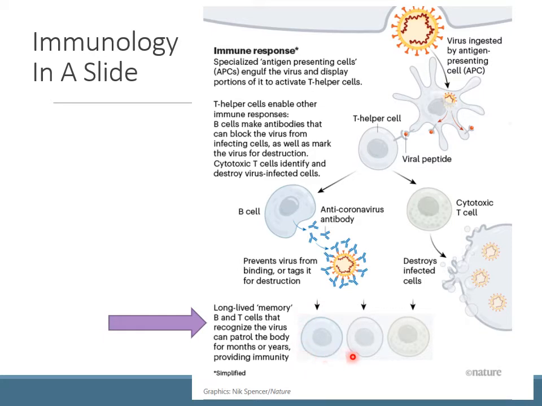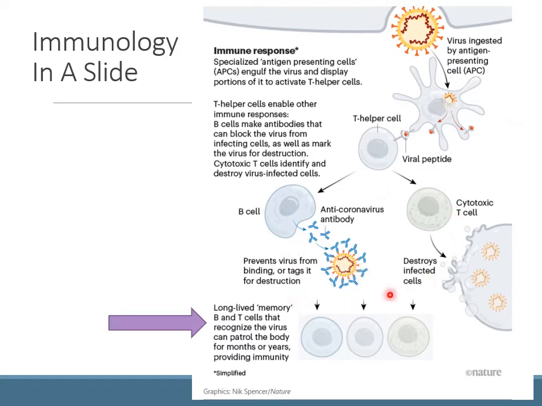So they remain in the body, and they are specifically designed to attack a specific type of pathogen. So next time this individual encounters the exact same virus, these cells will be stimulated immediately, and they will begin to attack and protect the individual.